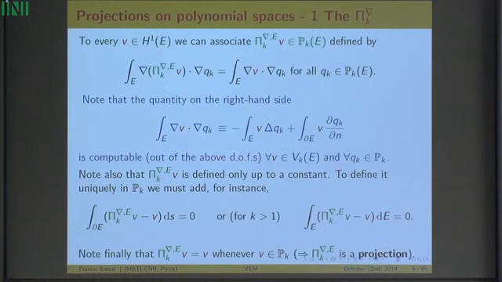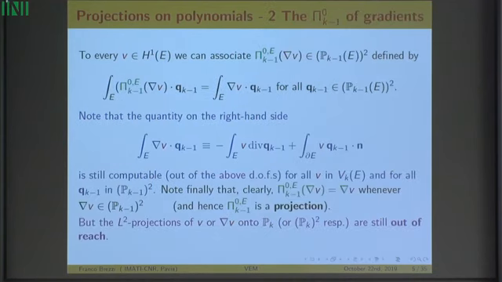There is another projection that is very useful, and it is the projection of the gradients of your element onto the polynomials of degree k minus 1. So you want to be exact on polynomials of degree k, and so for the gradient, basically you have two paths.